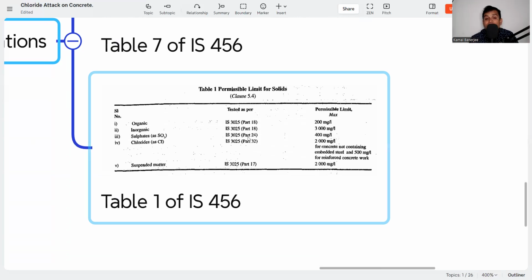Whatever water you are using, chloride as Cl is 2000 milligram per liter for concrete not containing embedded steel, so plain cement concrete, and 500 milligram per liter for reinforced concrete work. We are always discussing RCC, so the maximum is 500 milligram per liter of chloride that can be present in the concrete water, whatever we are using for concrete mixing.